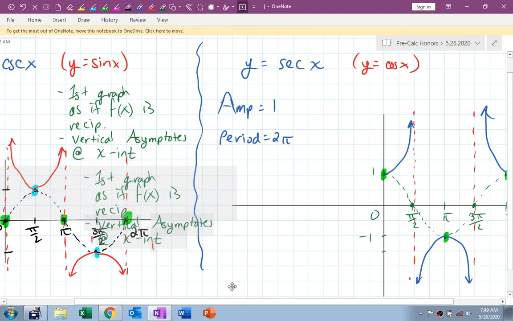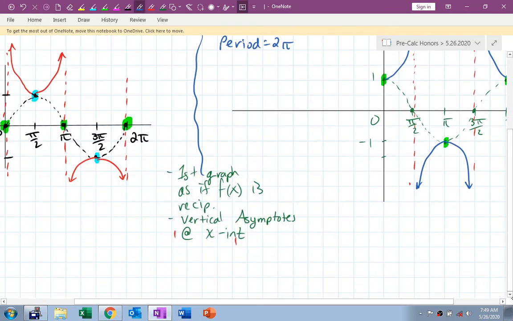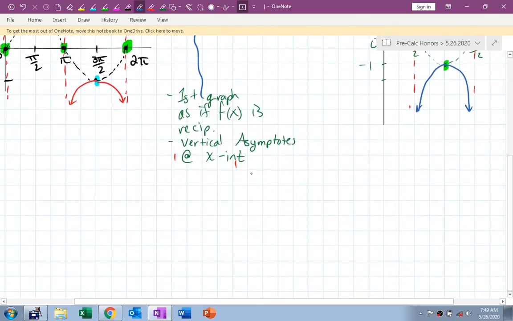So let me see if I can move those down, just so you can read them a little bit better. So graph the reciprocal function, vertical asymptotes at x-intercepts, and then the last step, make the sketch in the shape of a parabola.